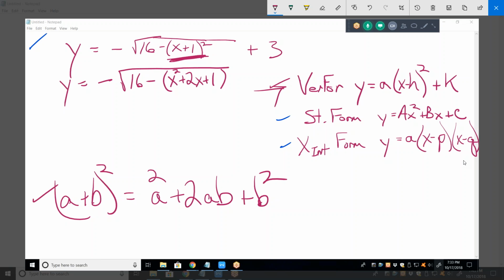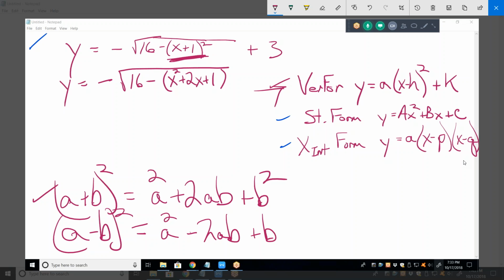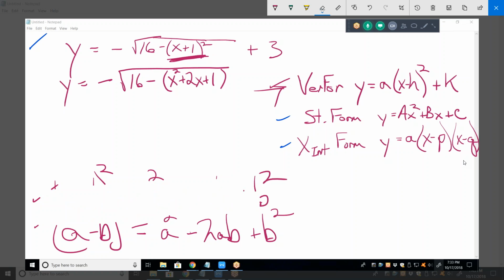And likewise, I'm sure they've stressed this in your school, to memorize these as opposed to having to always FOIL it. When you have to FOIL it, it takes you maybe 30 seconds. If you memorize it, it takes you about 5 seconds. Right. Yeah, that makes sense. Okay. So I got x plus 1 squared to be x squared plus 2x plus 1.